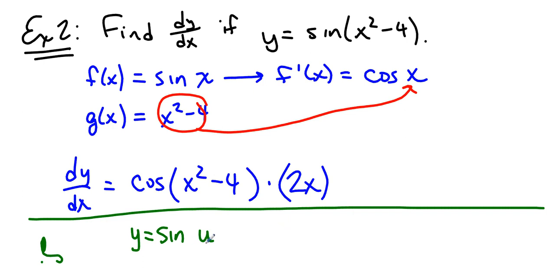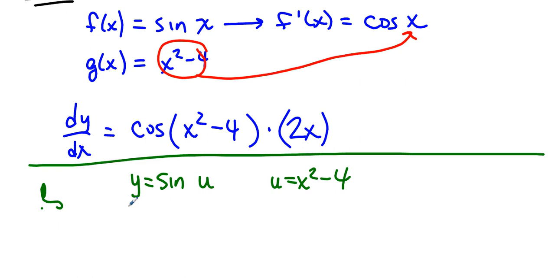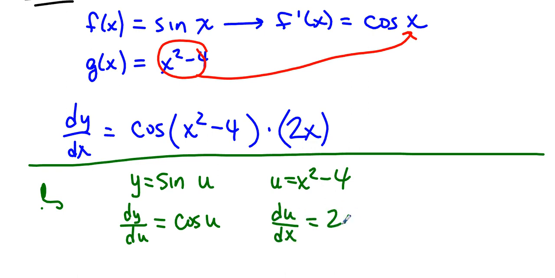I call it chicken nugget in my classroom, but traditionally mathematicians call this u, where u is x squared minus 4. And Leibniz would say, well, the derivative of y with respect to u is the cosine of u, and the derivative of u with respect to x is 2x.